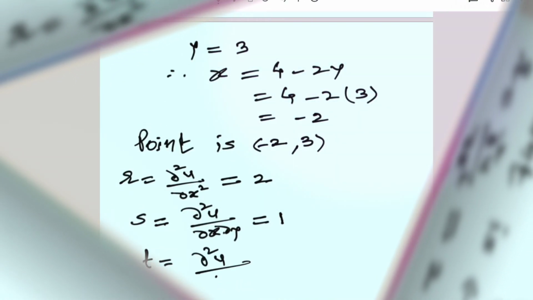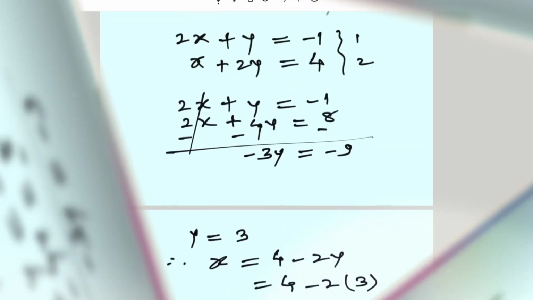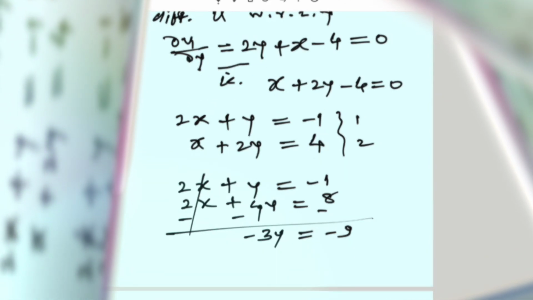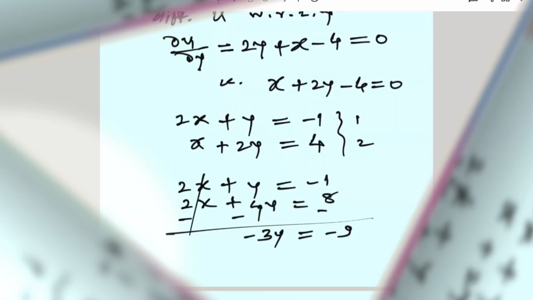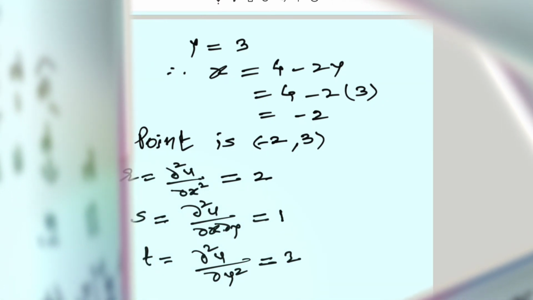and t as ∂²u/∂y², again differentiating ∂u/∂y with respect to y, we get that derivative as 2. These are the values of r, s and t.